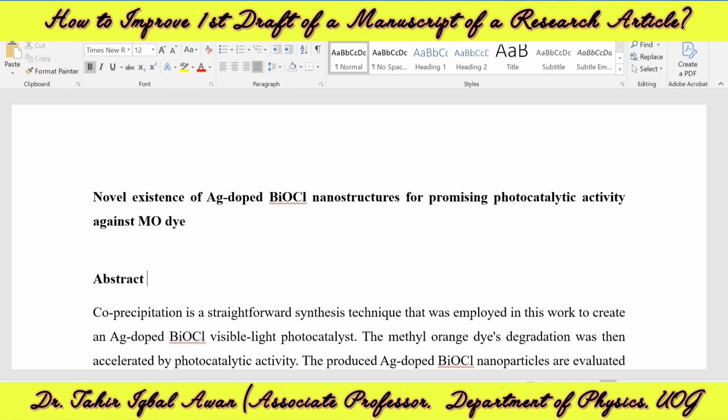So first, let's have a look at the title: "Novel existence of Ag-doped BiOCl nanostructures for promising photocatalytic activity against MO dye." In this title, I would suggest that whenever we are using abbreviations like BiOCl, I should write bismuth oxychloride nanostructures.